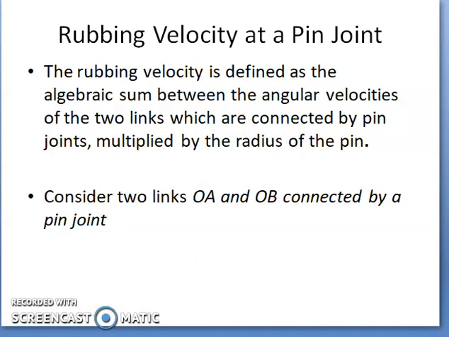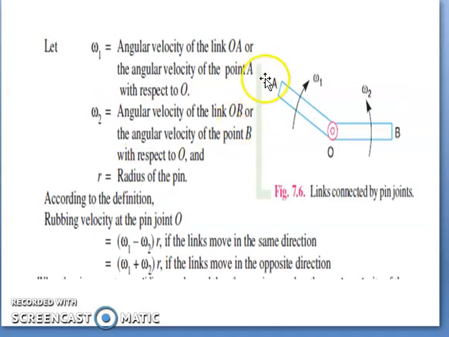Now let us discuss the rubbing velocity at a pin joint. The rubbing velocity is defined as the algebraic sum of the angular velocities of two links which are connected by a pin joint, multiplied by the radius of the pin. So let us consider two links OA and OB.